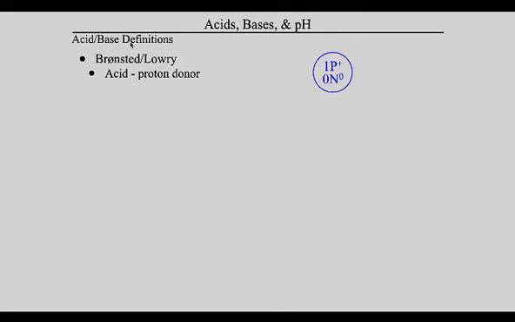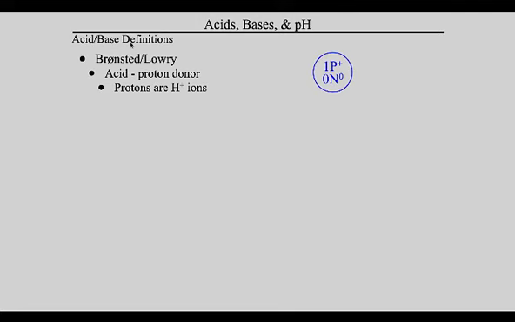A proton. So the Arrhenius and the Bronsted-Lowry definitions are exactly the same. Arrhenius called them hydrogen ions, Bronsted-Lowry called them protons, but hydrogen ions are protons. Get it? Okay, so what about bases?